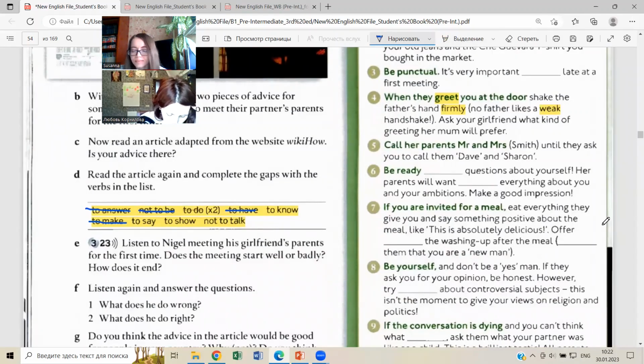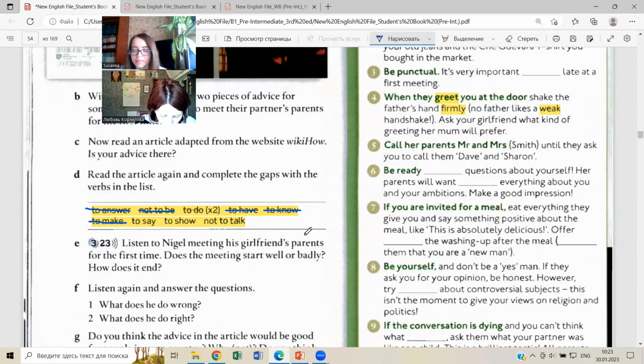Her parents will want to know everything about you and your ambitions. Это как амбиции? Yes, very, very similar to the Russian word. Make a good impression. Yes.